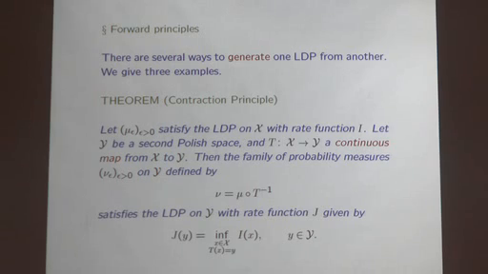And I'm going to give you 3 examples through which you could do that. They're all 3 very important and very useful. And I refer to them as forward principles because they are a way of generating one LDP out of another.